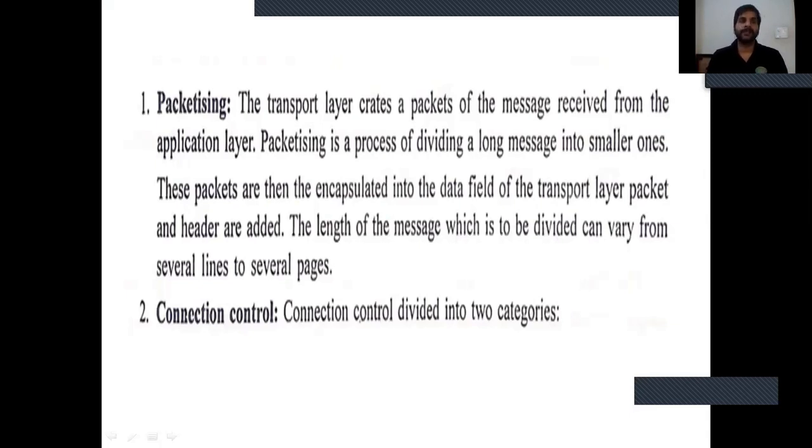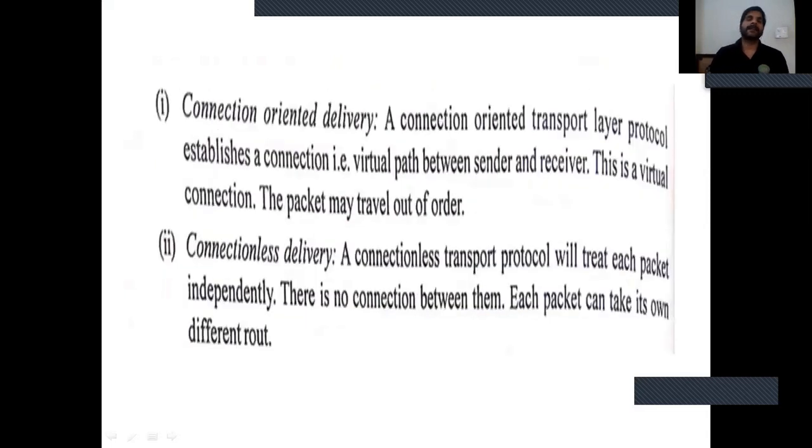Next, the function of the transport layer is connection control. Connection control is divided into two categories: connection-oriented delivery and connectionless delivery. In connection-oriented delivery, the transport layer protocol establishes a virtual connection between sender and receiver. This is a virtual connection, and the packets may travel out of order.